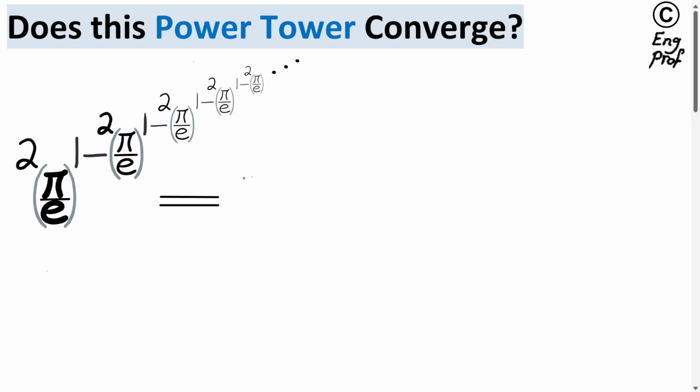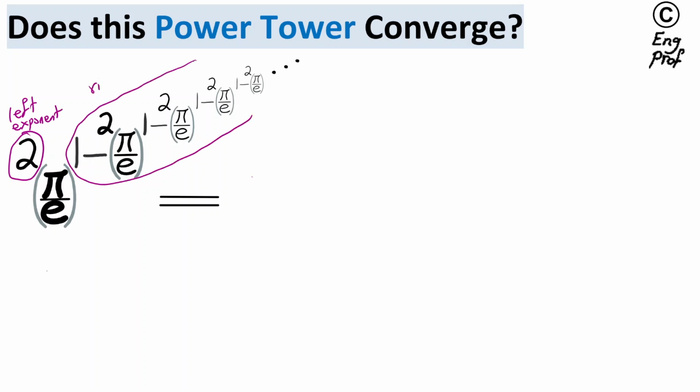Does it converge? Let's start with this inner power tower, which is basically a left exponent 2. We have a left exponent, and we also have our infinitely repeated right exponent. The left exponent has another name, which is also tetration, or hyper 4 operation.